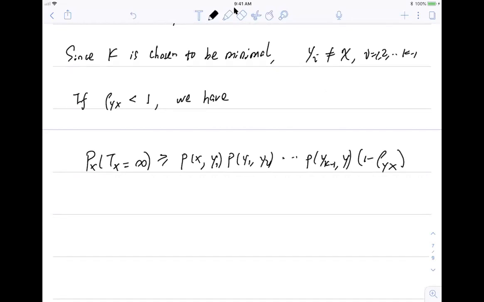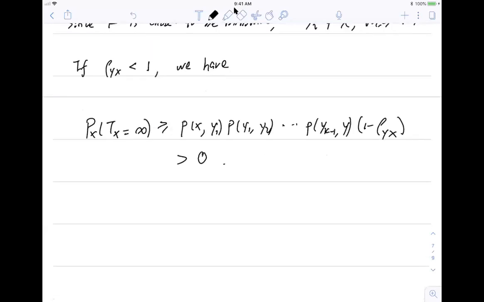So this is a probability, and this is bigger than 0, right? So this is not possible. This contradicts rho x being less than 1. So this is a contradiction.